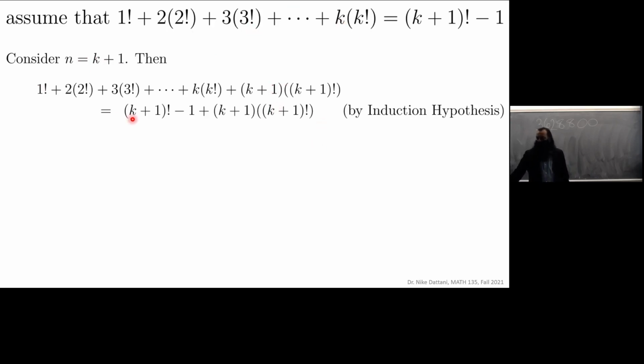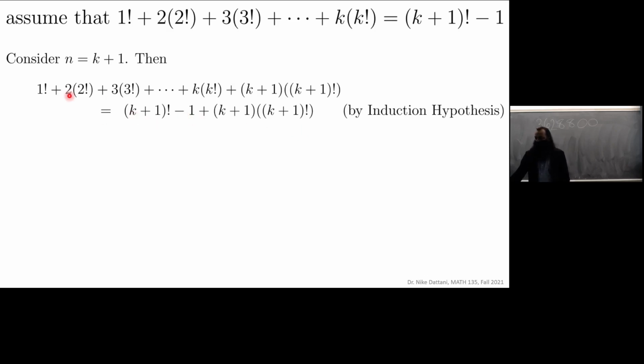So here we have exactly what we started with. This is 1 factorial plus 2 times 2 factorial, and so on, all the way up to k plus 1 times k plus 1 factorial, and then this whole thing on the left, we just assumed that that equals k plus 1 factorial minus 1. So here we plug that in. We have k plus 1 factorial minus 1 plus k plus 1 times k plus 1 factorial.